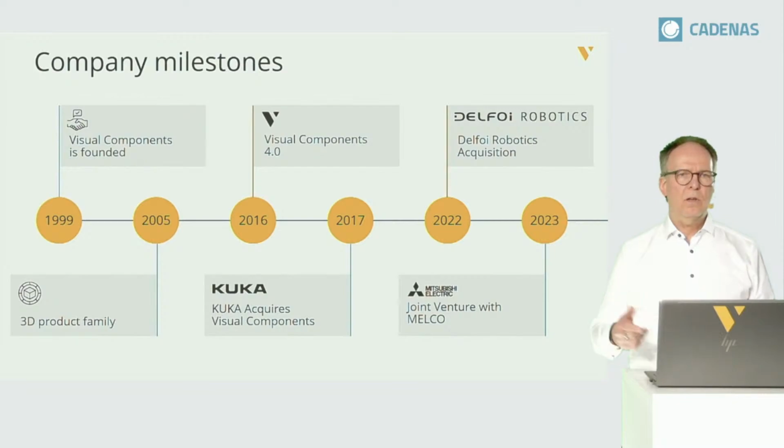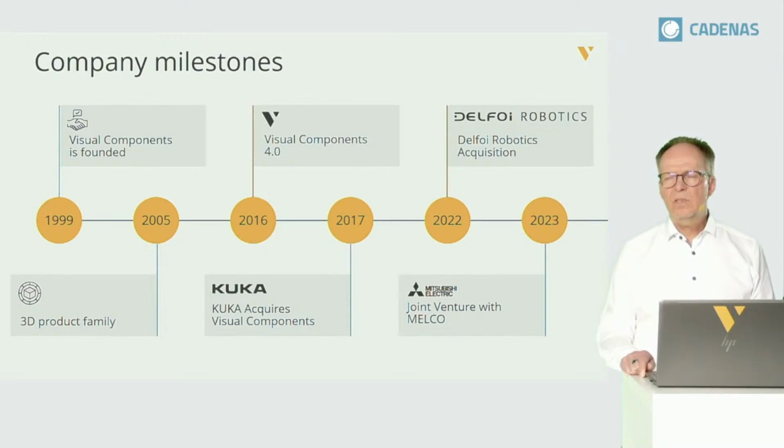So it was a logical step that we were acquired by KUKA. In 2022, we also acquired a partner of ours, Delphi. The solutions of Delphi are mainly offline programming systems for welding systems, spraying systems, and so on. These products are now named in our portfolio as robotics OLP products.